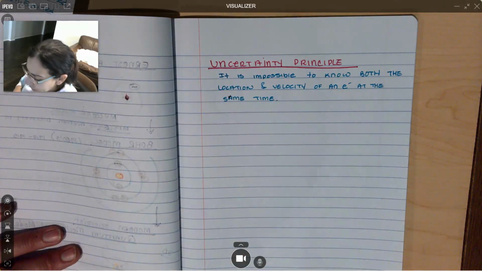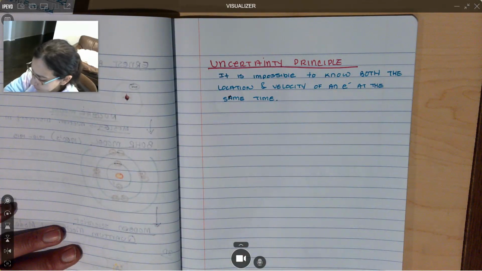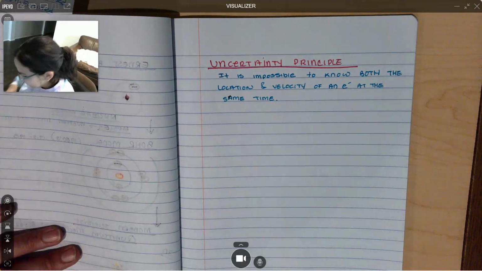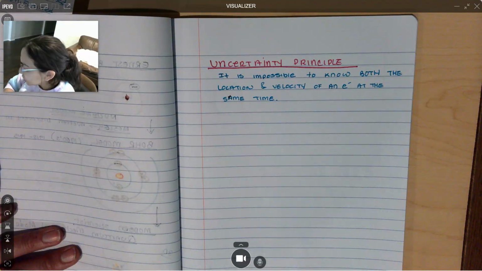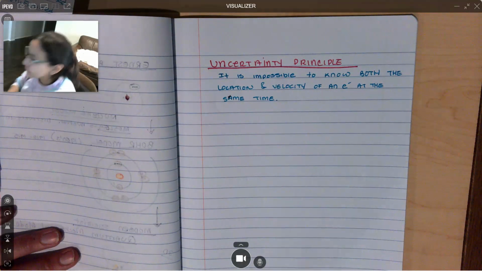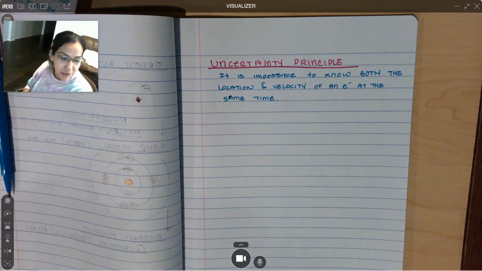Okay. So impossible to know both of those. So what does that leave us with? Well, that leaves us with trying to identify the location of the electron. So we want to identify that location.